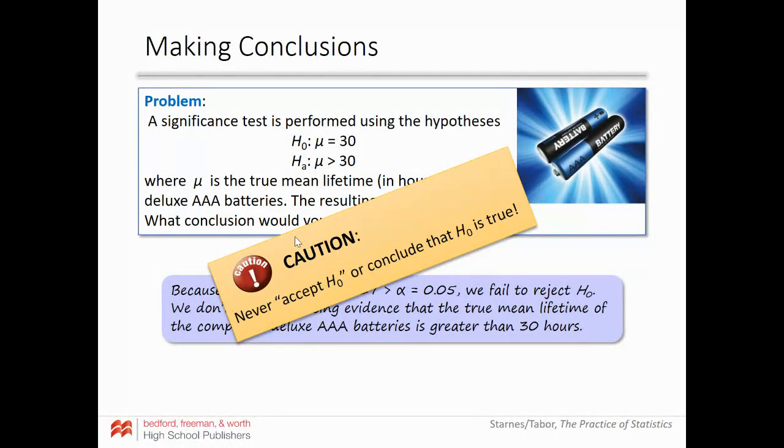Remember, at the start we're assuming H0 is true and now testing to see whether the evidence backs up that claim or not. Did it refute it, so we reject it, or does it fail to reject it? We don't have statistical evidence against it, but we don't know exactly where it might land.